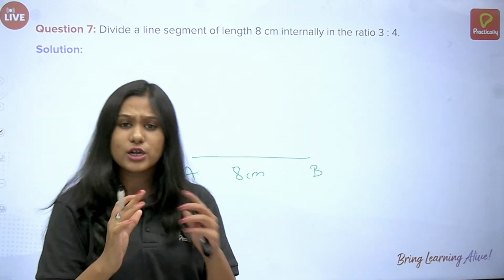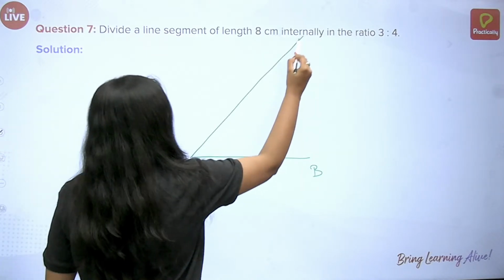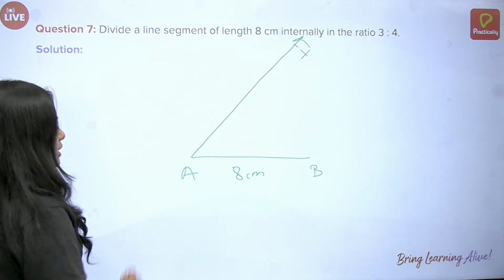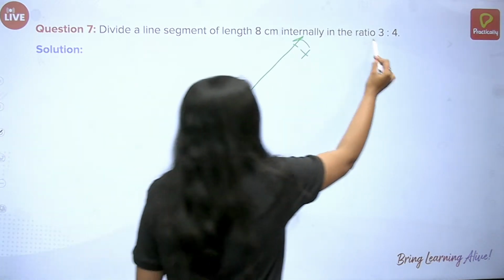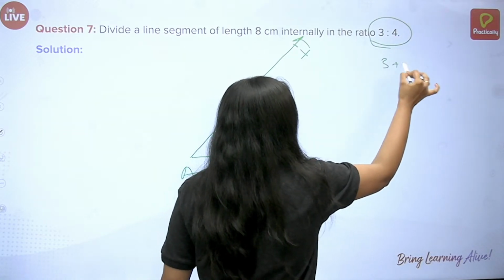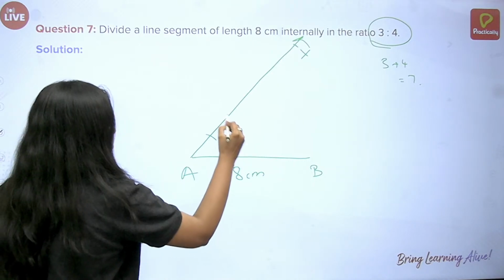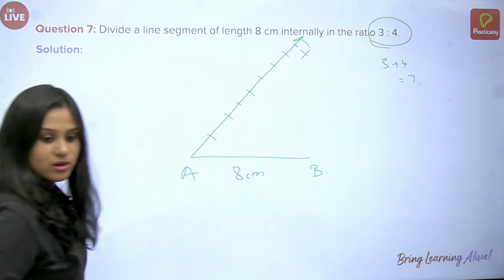So, with any acute angle, take a protractor or a ruler, and draw a ray AX. Now, with any convenient radius, make 7 arcs. Why? Because 3 plus 4 equals 7. So, A1, A2, A3, A4, A5, A6, A7.